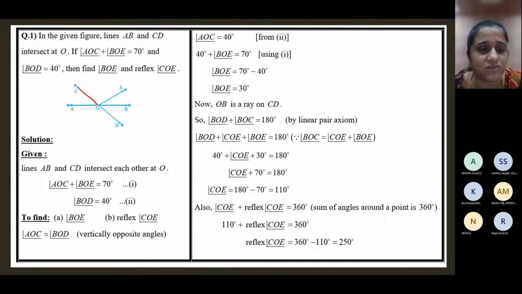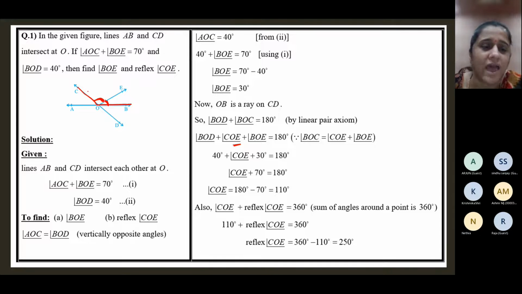This is BOC. Okay, there are two angles in it. See here, this is one angle and this is the other angle. This angle and this angle together is BOC. Yes or no? Yes, ma'am. So this angle is angle COE. This angle is angle BOE. Are you sure about how to name an angle, Netra? Otherwise, I can tell you that. Yes, ma'am. Okay.